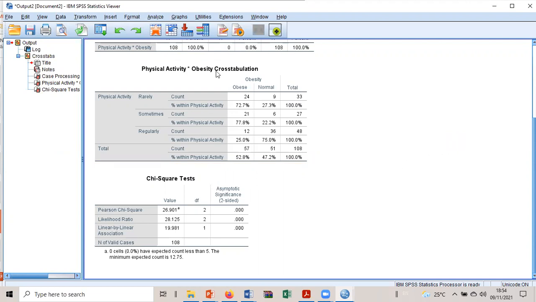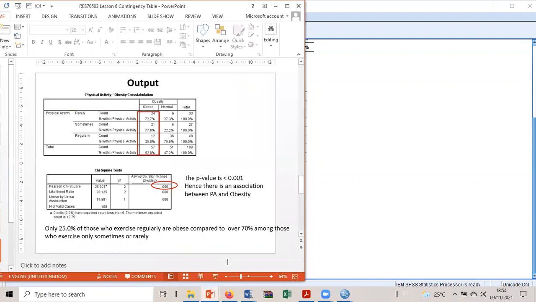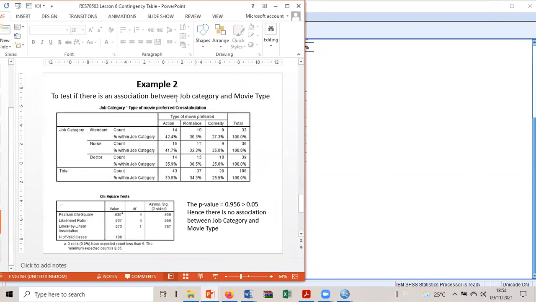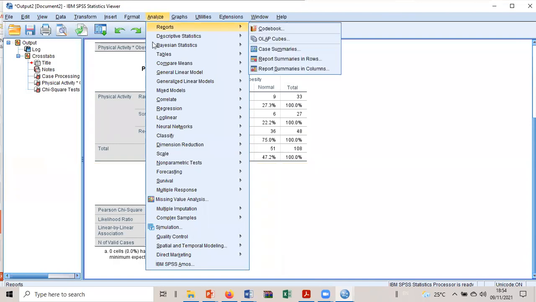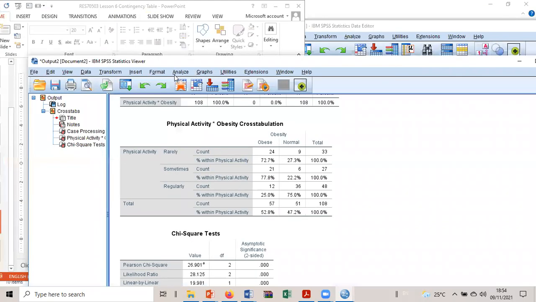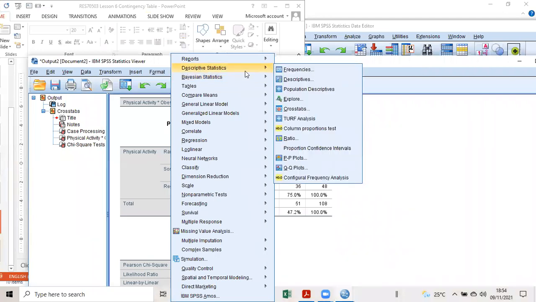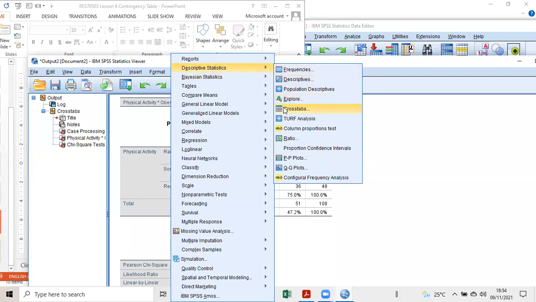The second example is job category and movie type. So you can analyze. Analyze, descriptive statistics, cross-tab.